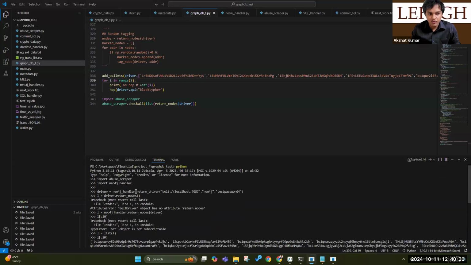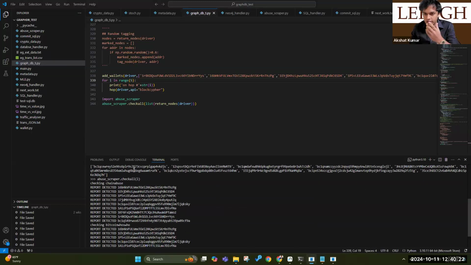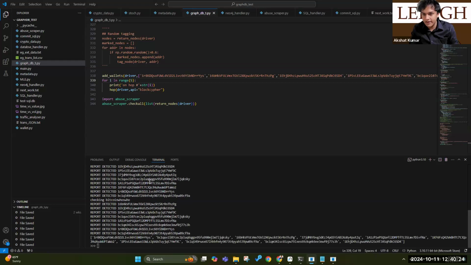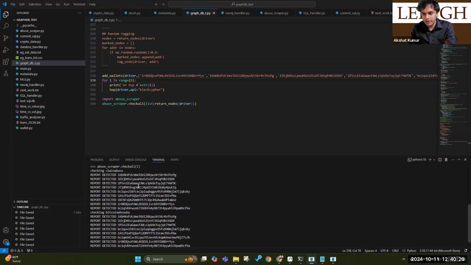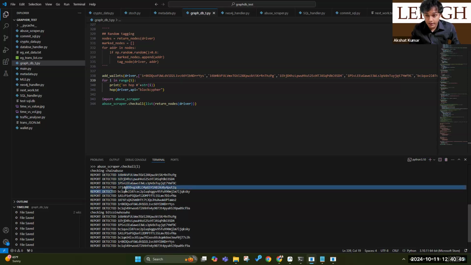Essentially here I use my Neo4j handler to return the list of all wallets in my database, and then I use my scraper to check whether these wallets have existing reports. And it will tell me if they do. And here we can see I provided a subset. The subset I provided was this wallet, and I think this wallet and this wallet, these three. And it recovered every other wallet I needed it to find.